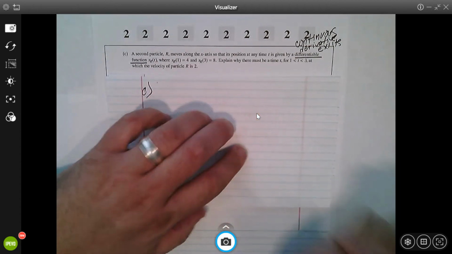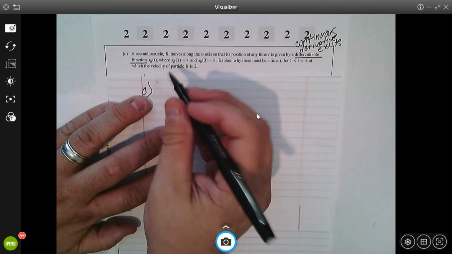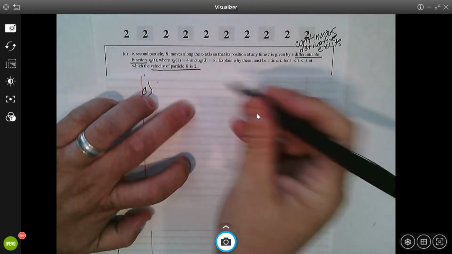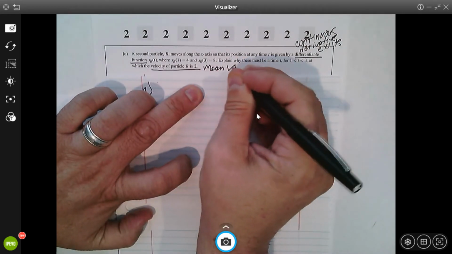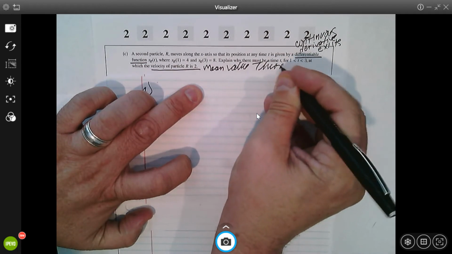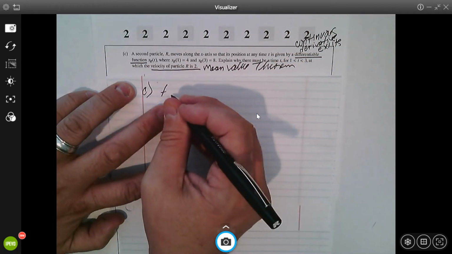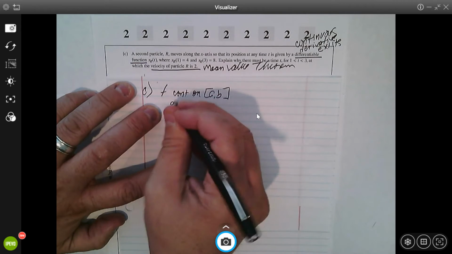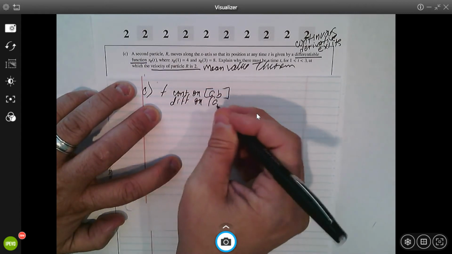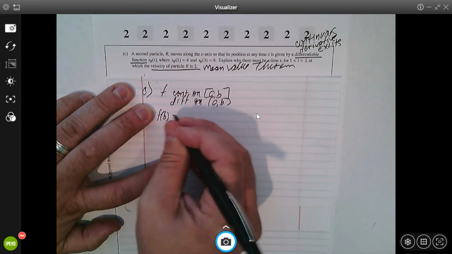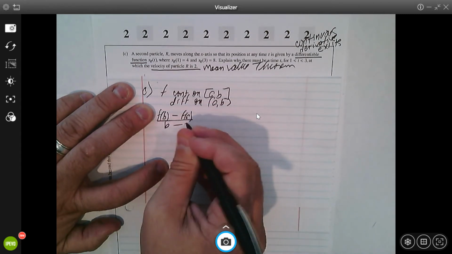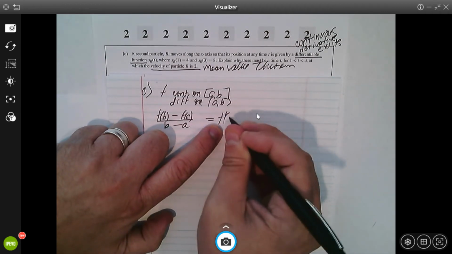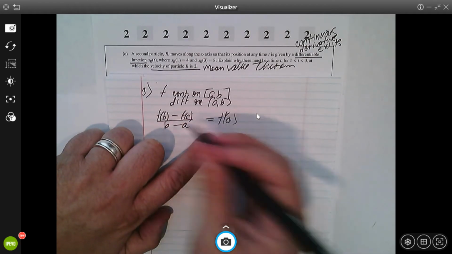Okay, well that's good. It's the fact that they're then asking about proving that the velocity of particle r is equal to 2 somewhere. Putting all of this together makes me think about the mean value theorem. The mean value theorem, or the MVT, says that if you have a function that is continuous on the closed interval AB and differentiable on the open interval AB, if you calculate the slope of the secant line, f of b minus f of a over b minus a, that there has to be a place where the derivative has that value of the secant line.